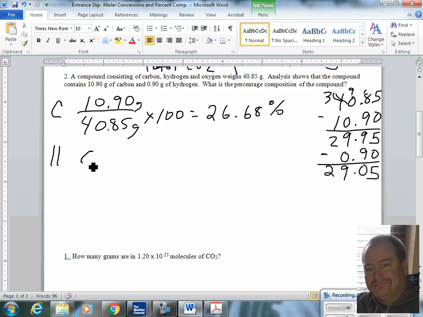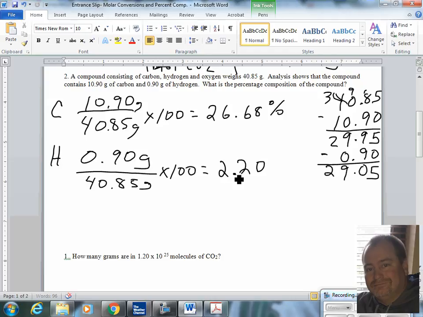Hydrogen, 0.9 grams of the 40.85 grams. Multiply that by 100. That gives me 2.20%.